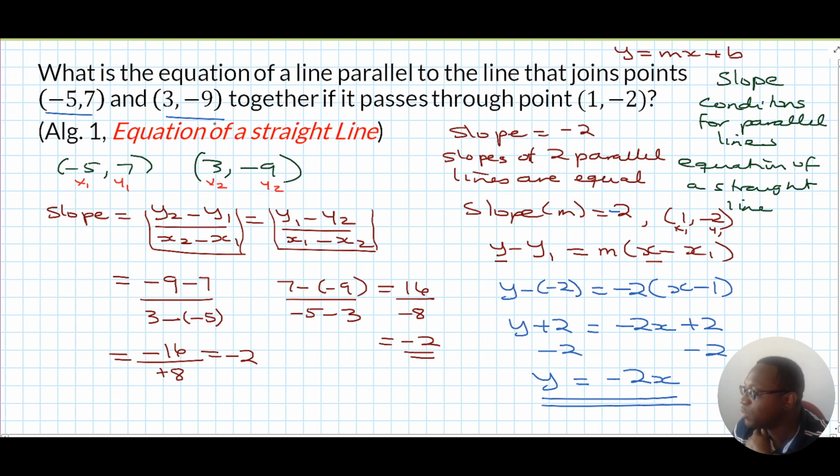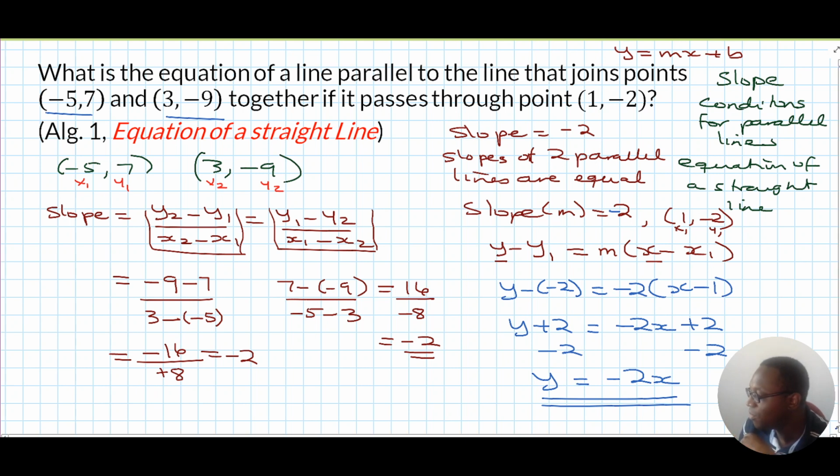And then when we're done doing that, we're going to ask ourselves the question about the conditions for two lines to be parallel. And we've already said here that they have to have the same slope to be parallel. And now that we have the slope and the point for the other line, we have to find the equation of a line where you have a point and the slope.